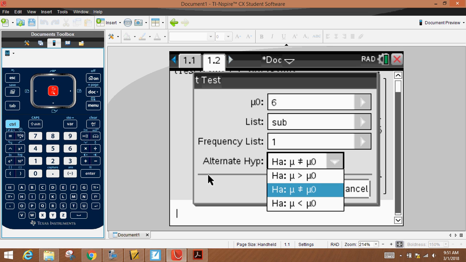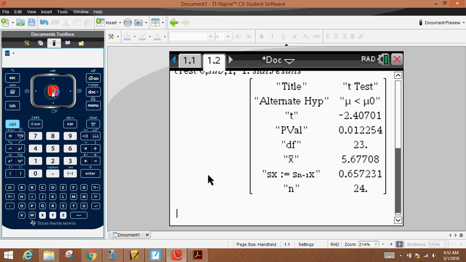We believe that the actual mean is less than our mean from our null hypothesis. Sorry. All right, got our p-value.